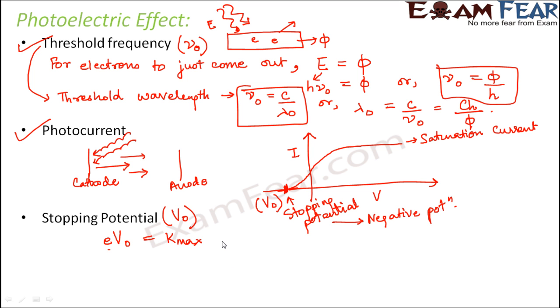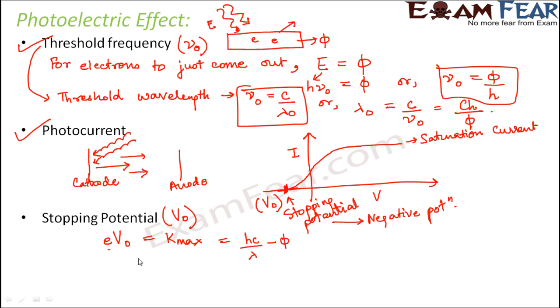And we already knew from the photoelectric equation that Kmax is equal to hc by lambda minus phi. So eV0 is nothing but the potential energy corresponding to the stopping potential. Since the potential energy and the kinetic energy equalize, the electrons have to stop.